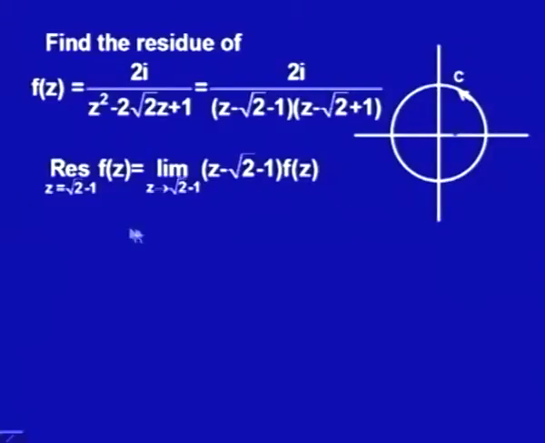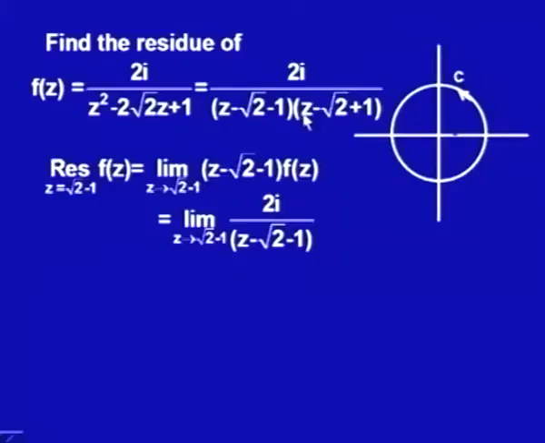So, by that formula we would get the residue at √2 − 1 of f(z) as the limit as z approaches √2 − 1 of (z − (√2 − 1)) into f(z).